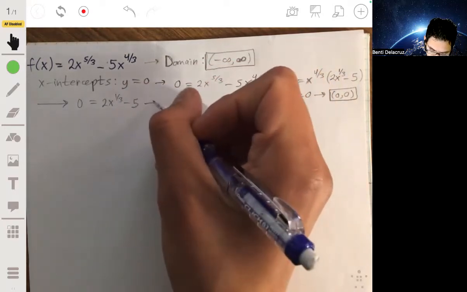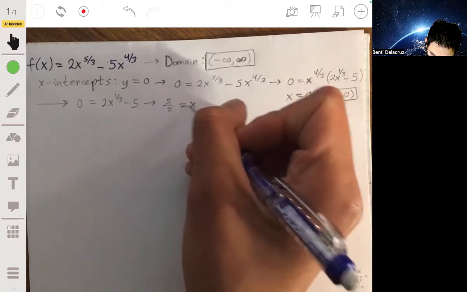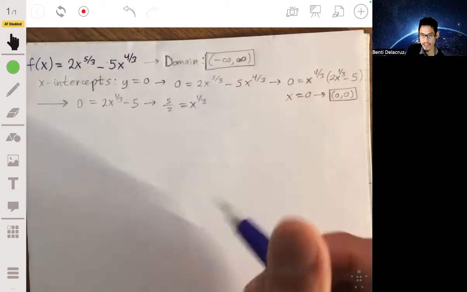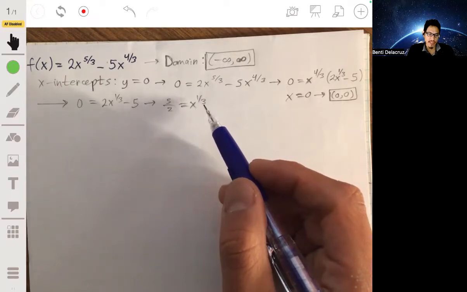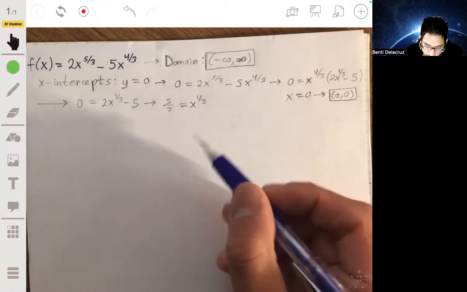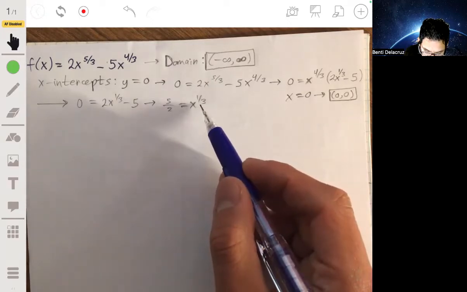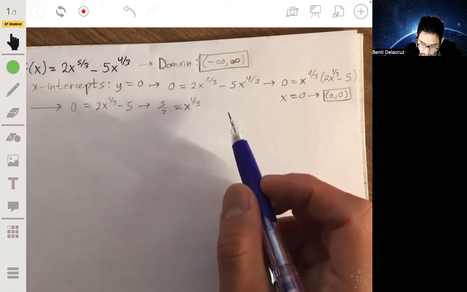Add 5, divide by 2, so you get 5/2 equals x to the 1/3. You remember what to do here. That's right, you cube it. Raise both sides to the 3rd power and get 2.5 to the 3rd power.